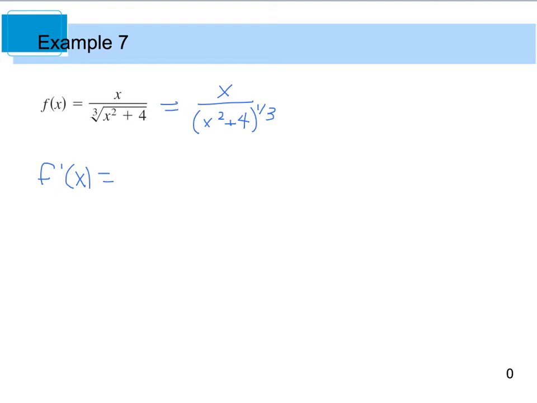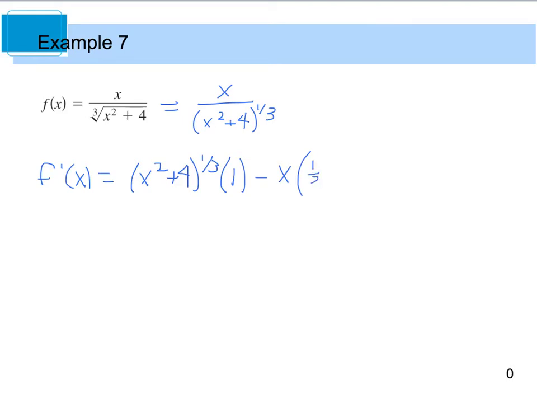My quotient rule says the bottom, which is x squared plus 4 to the 1/3, times the derivative of the top, which is 1, minus the top times the derivative of the bottom, and I am going to have to apply the chain rule.